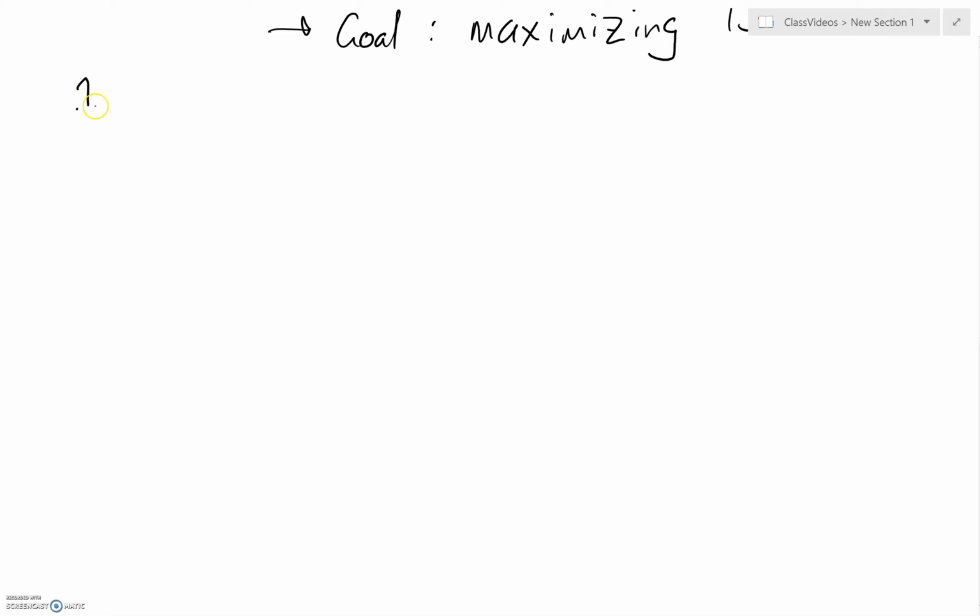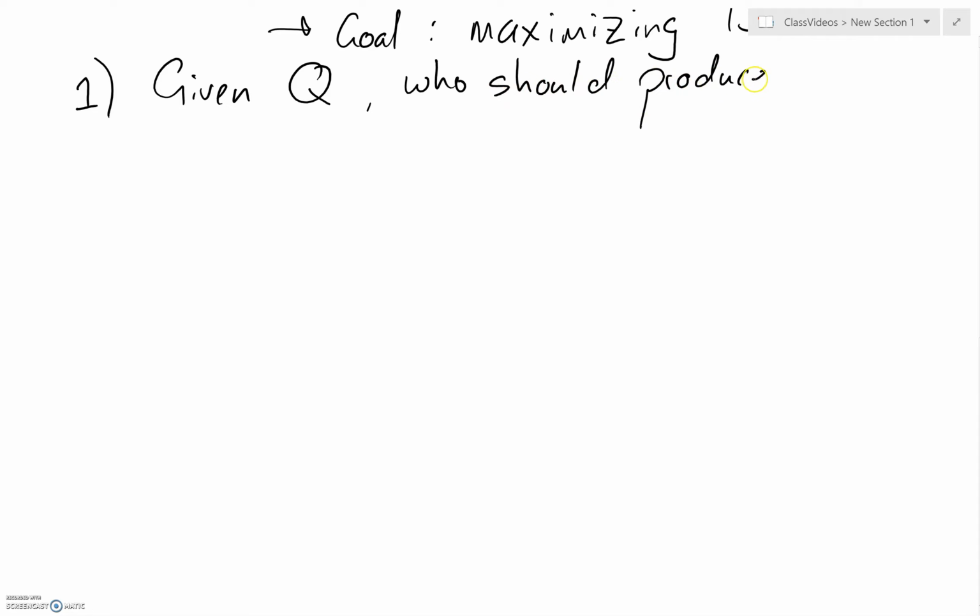Okay, so the first one is, given a quantity, who should produce it? Okay. So suppose we want to produce a particular quantity. Who should produce that?